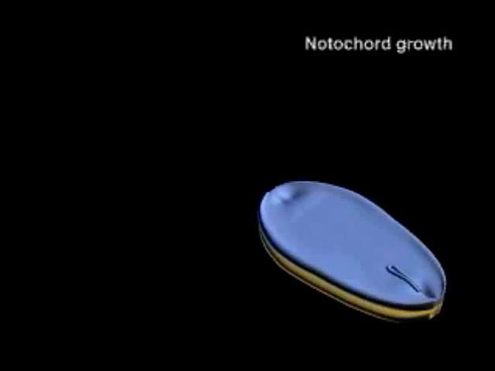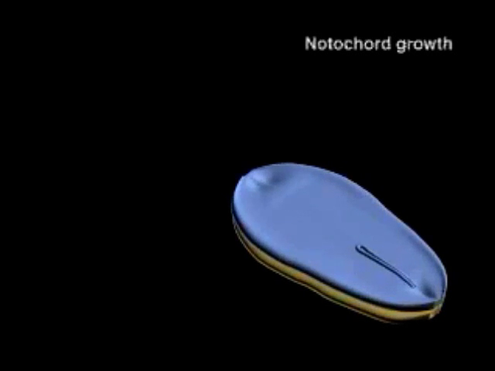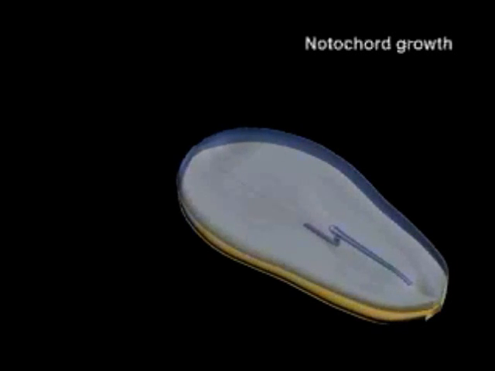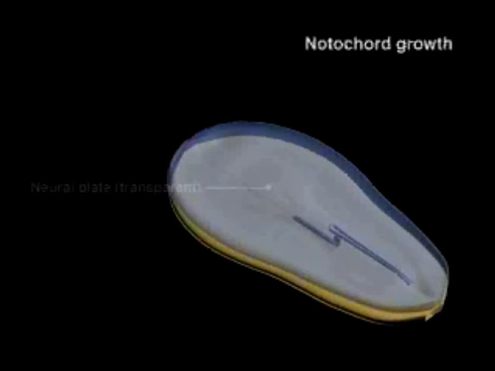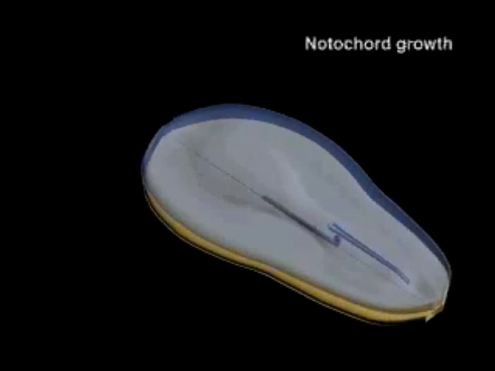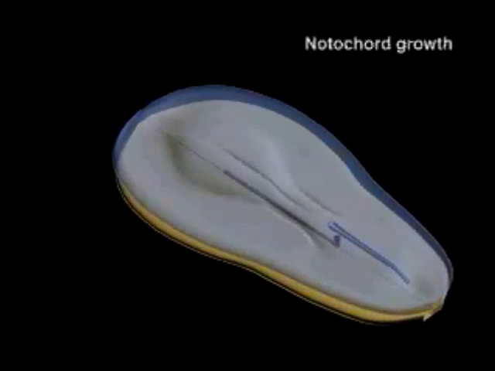From the primitive node, a solid cord grows between the ectoderm and endoderm. This is the notochord, or the primitive vertebral column. It grows cranially all the way till the oral membrane.